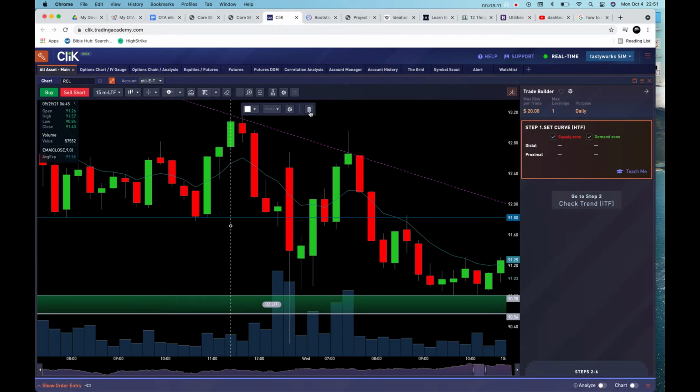Bear in mind, once you get the hang of this, you're going to spend most of your time identifying these formations. Now, after the drop, base, rally formation that we identified here, we also have a rally, base, rally here.